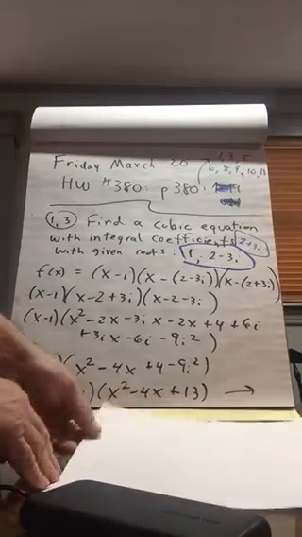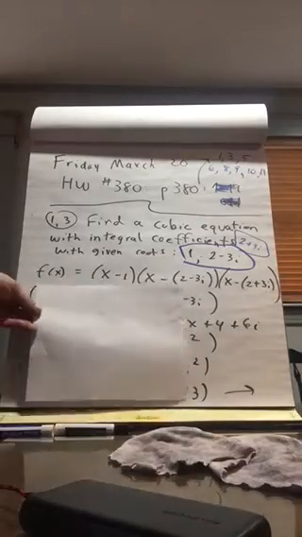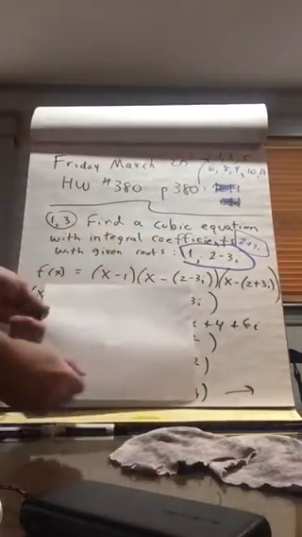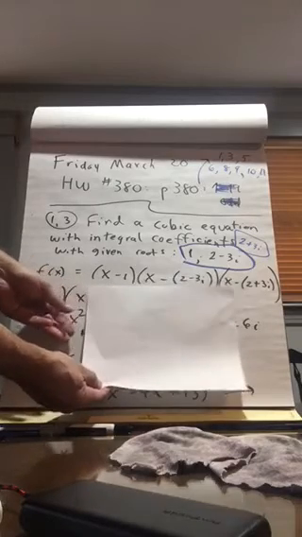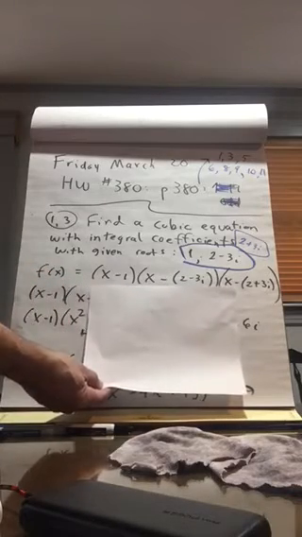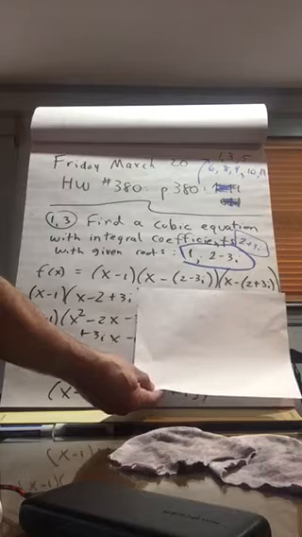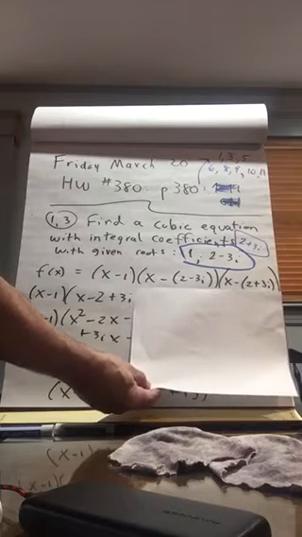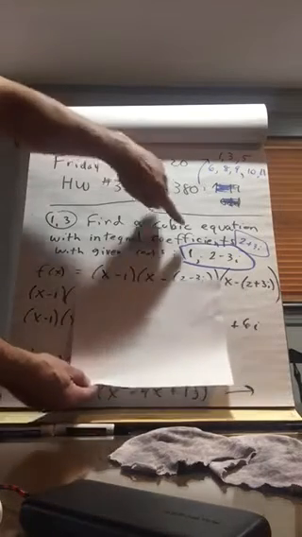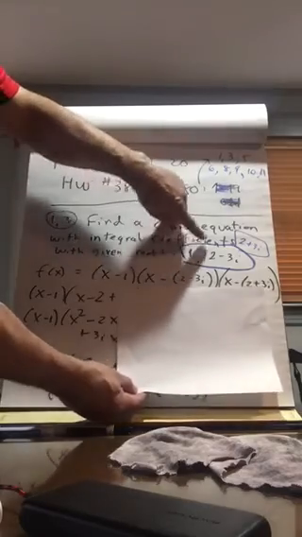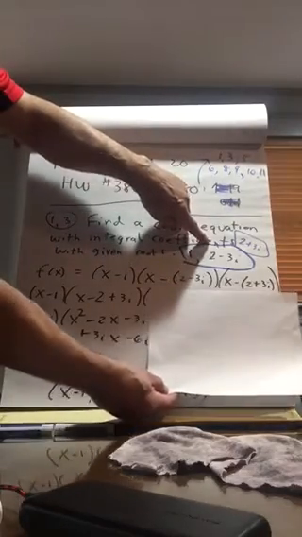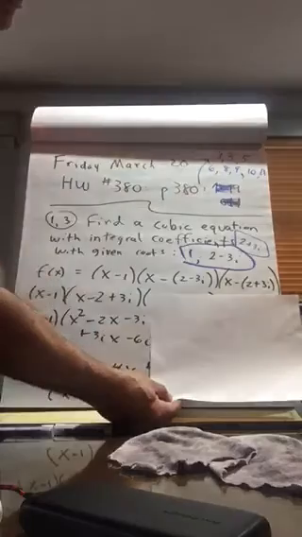So what are we going to write? We're going to write f of x equals x minus 1, x minus parentheses 2 minus 3i, x minus parentheses 2 plus 3i. Remember, it's always x minus the root.